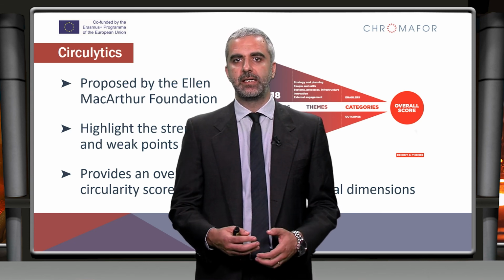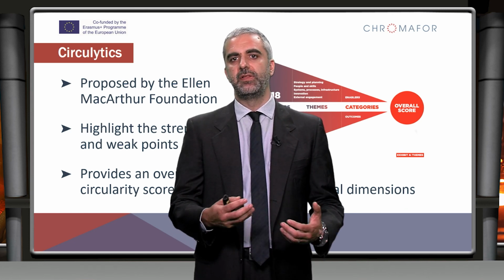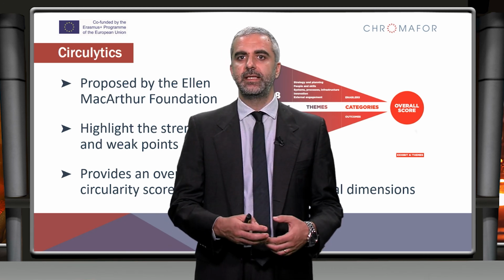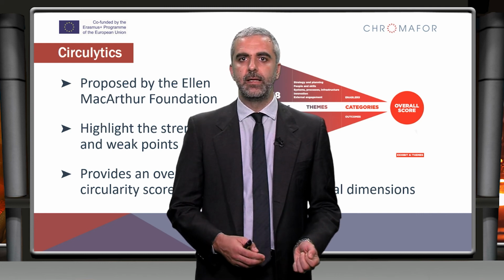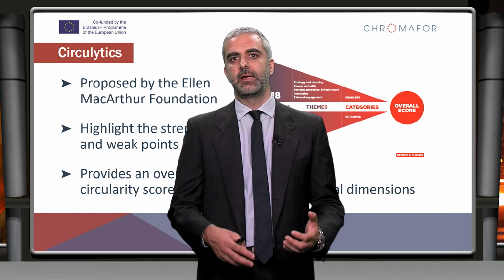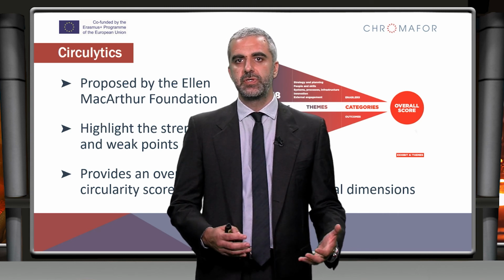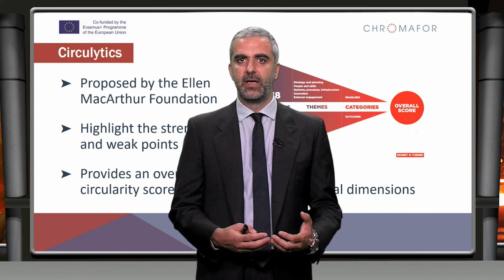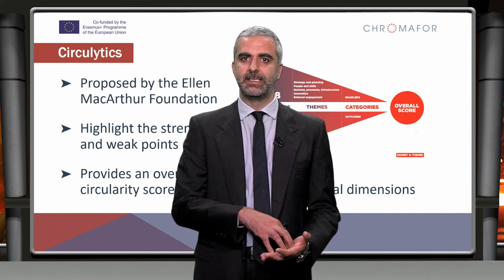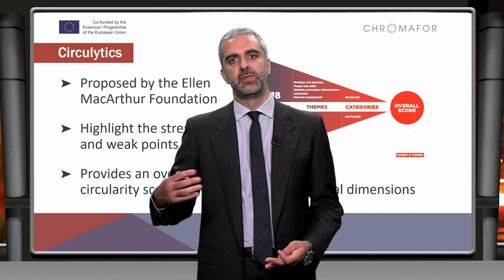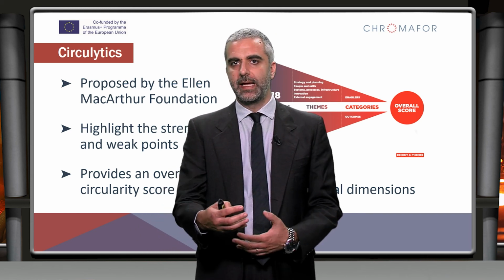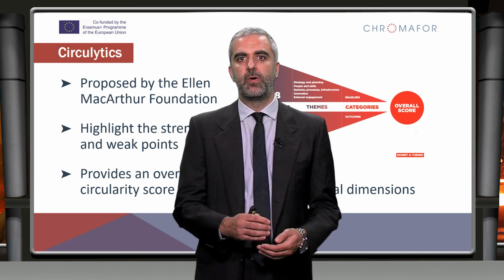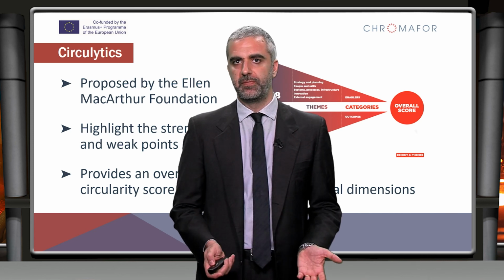The enablers are all the processes of innovation, so the processes that enable the circular transformation, while outcomes are the existing processes inside the company. So basically, Circulytics provides an assessment of the processes inside the organization with respect to circular economy. And thanks to the score, the company gets an idea of where it has to improve.